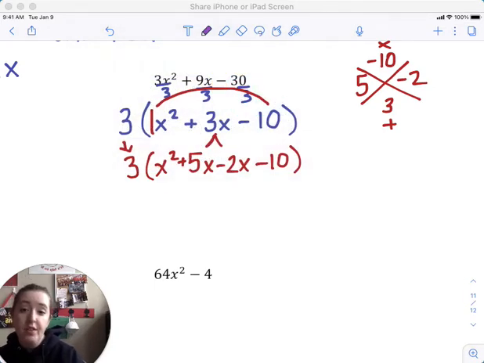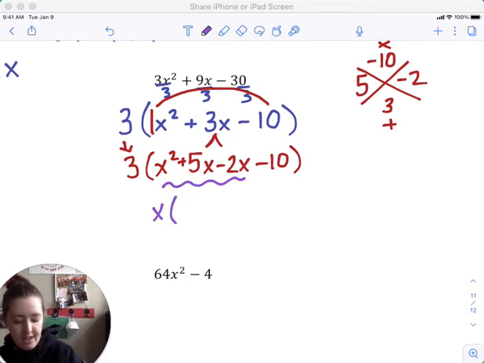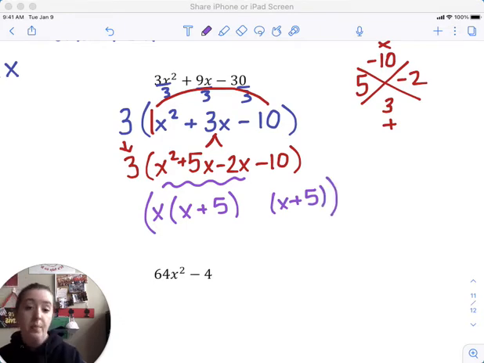So now we'll look for the greatest common factor of x squared plus 5x. My greatest common factor there is x. When I factor out that x, I'm left with x plus 5 on the inside of those parentheses. I know that I want these 2 sets of parentheses to be the same. Since I have a negative 2x minus 10, I have to divide both of these by negative 2 to be able to get positive x plus 5 inside of those parentheses.